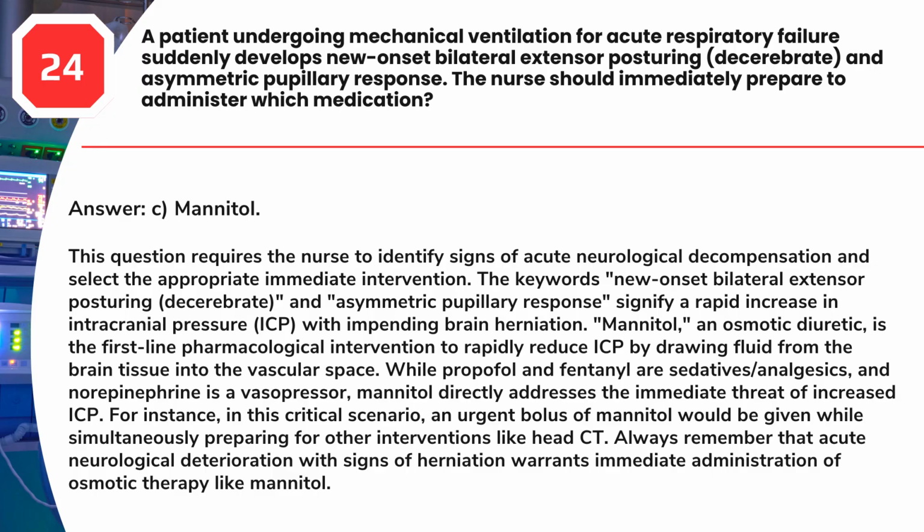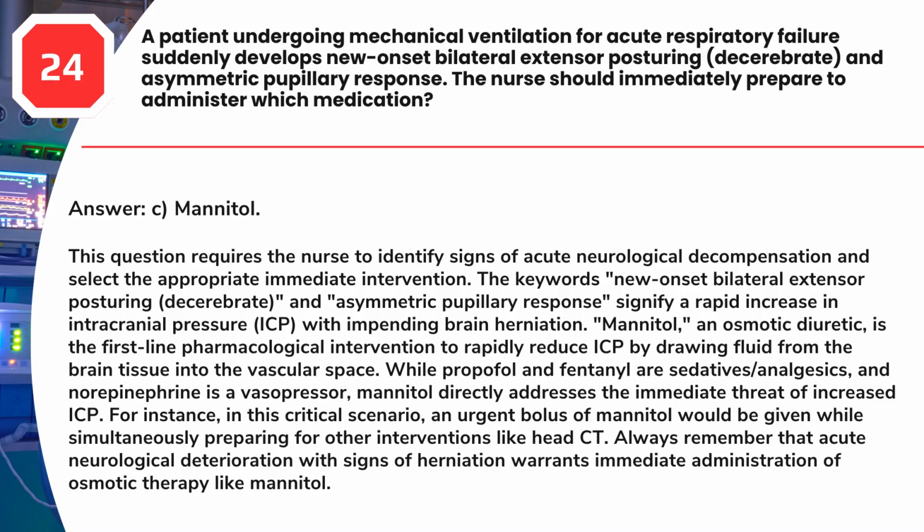This question requires the nurse to identify signs of acute neurological decompensation and select the appropriate immediate intervention. The keywords new-onset bilateral extensor posturing, decerebrate, and asymmetric pupillary response signify a rapid increase in intracranial pressure (ICP) with impending brain herniation. Mannitol, an osmotic diuretic, is the first-line pharmacological intervention to rapidly reduce ICP by drawing fluid from the brain tissue into the vascular space.